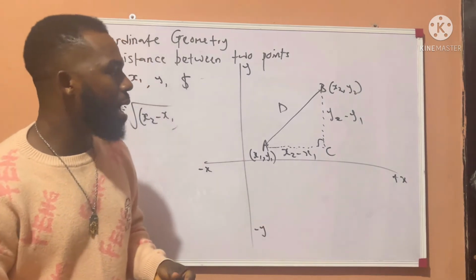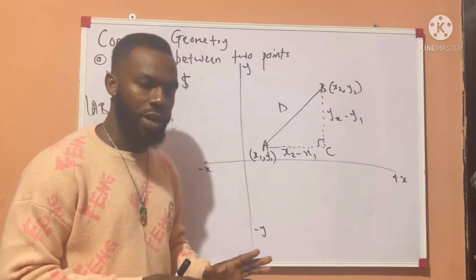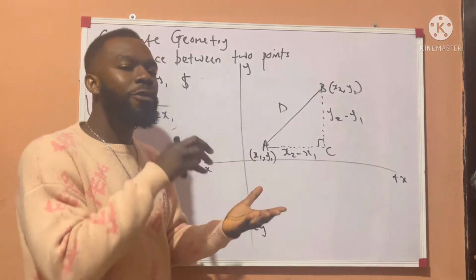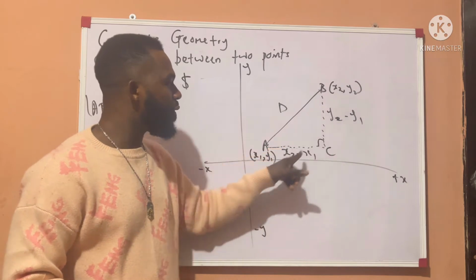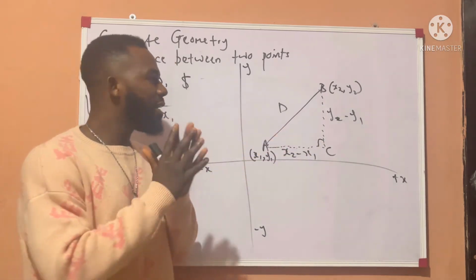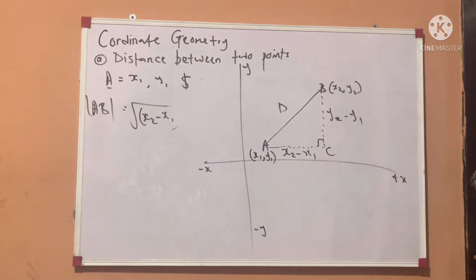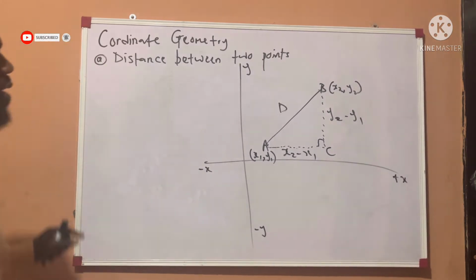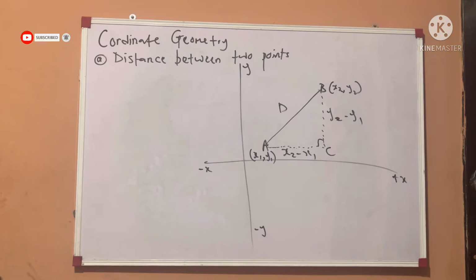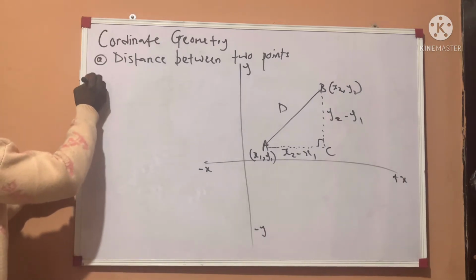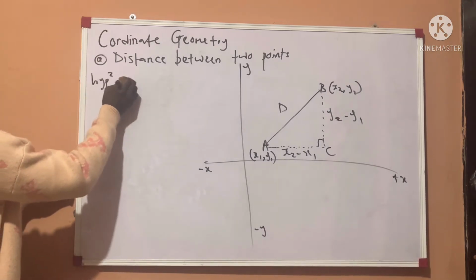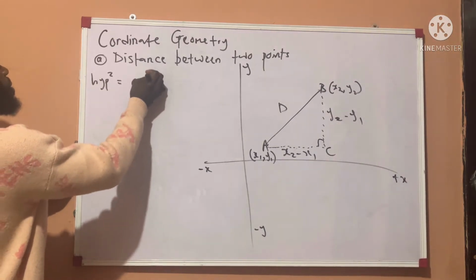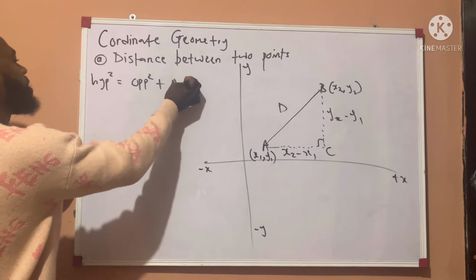Now, if we apply Pythagoras theorem, which you use when you are solving for a side of a right angle triangle, given the values of the other two sides, this is what we are going to do. According to Pythagoras theorem, when you are calculating for the hypotenuse, you say hypotenuse squared is equal to opposite squared plus adjacent squared.